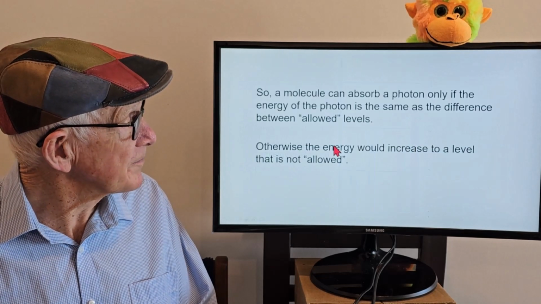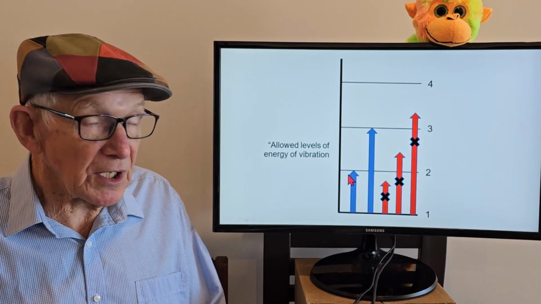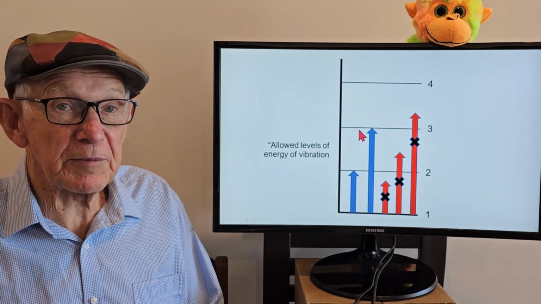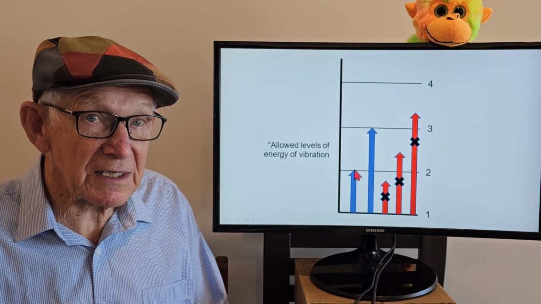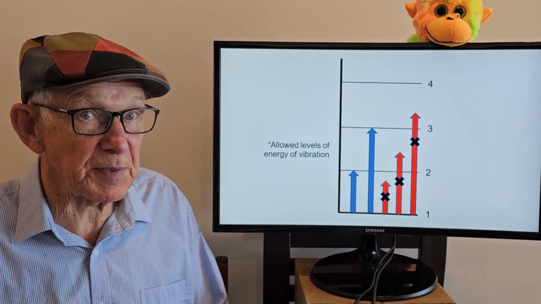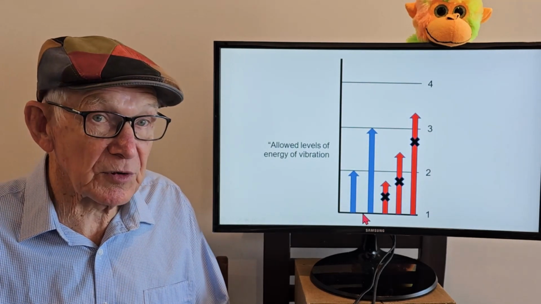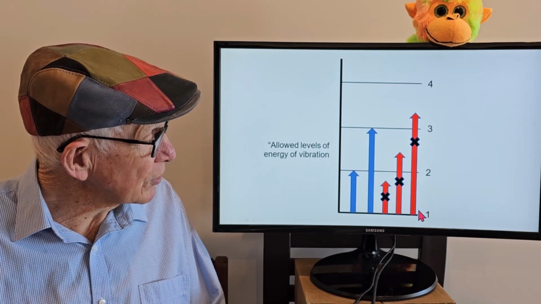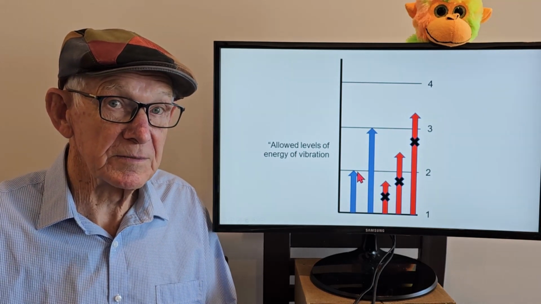If we go back, carbon dioxide molecules are such that the gap between their vibrational energy levels 1 and 2 is exactly the same as the energies of the photons being emitted from the Earth. And so carbon dioxide molecules can absorb those photons and will be taken to that particular level of excitation.